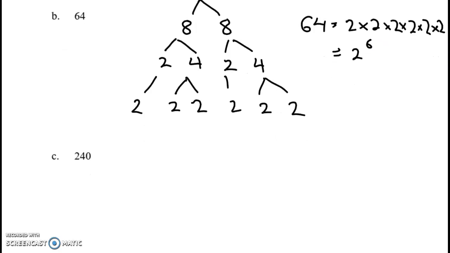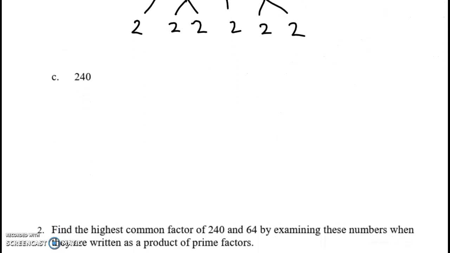Let's try another one. Okay, C is 240. We could think about that as, well, it's got a 0 on the end, so I know it's divisible by 10. So 240 could be 24 times by 10.